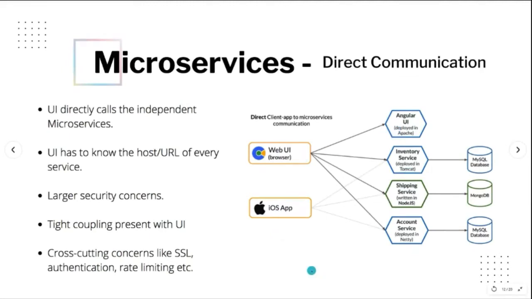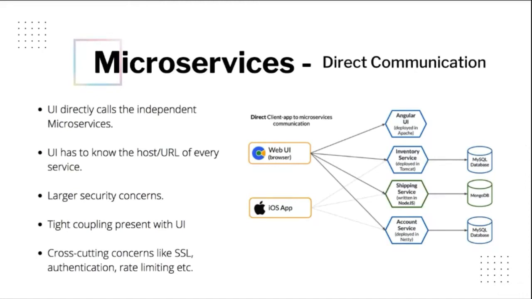Now the problem here is that the UI has to know exactly on which server the inventory service is deployed, on which server the shipping service is deployed, on which server the account service is deployed, and so on. But that's not practically feasible, because I should be able to dynamically stop a server and deploy the application on another server.